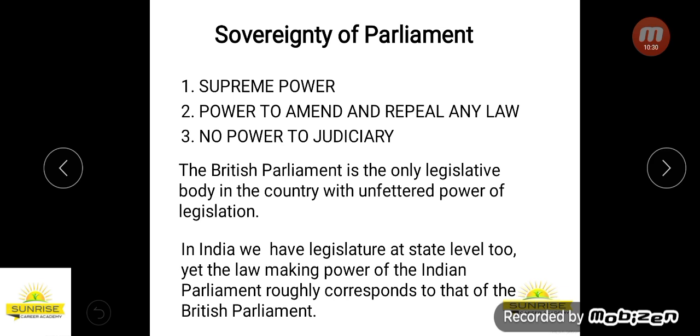Some of the features are the same as the British Parliament, like lawmaking power. In India, the lawmaking power is vested with the parliament of the country. Likewise, the British Parliament makes the law for their country. The court has no power to question the validity of the law passed by the British Parliament.